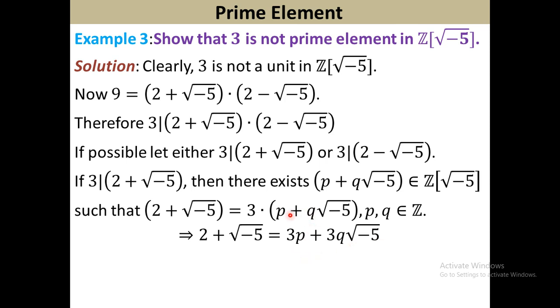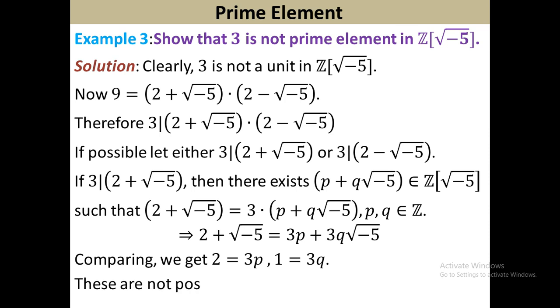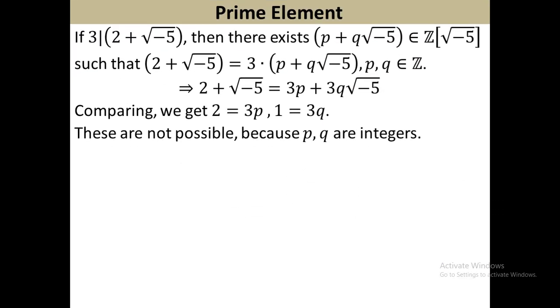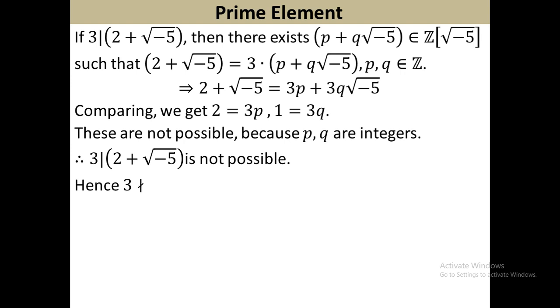Comparing both sides, we get 2 equal to 3p and 1 equal to 3q, but these are not possible because you cannot find integers p, q such that 3p equals 2 and 3q equals 1. So 3 does not divide 2 plus square root of minus 5.